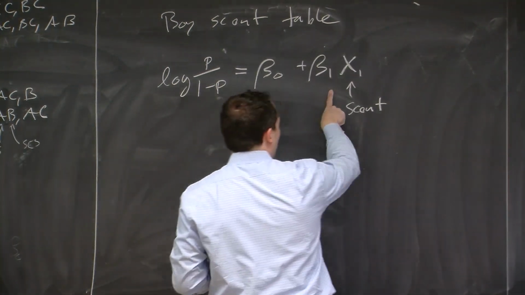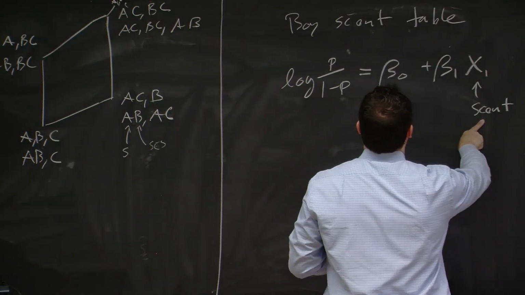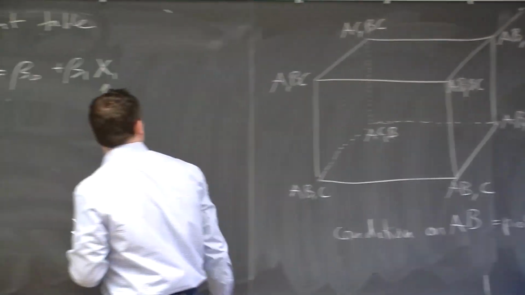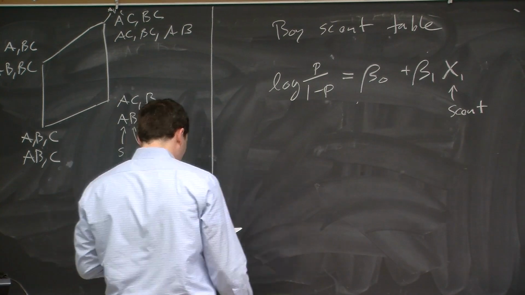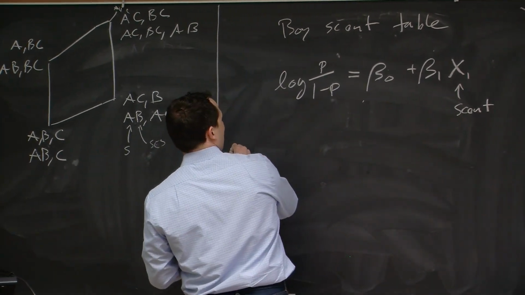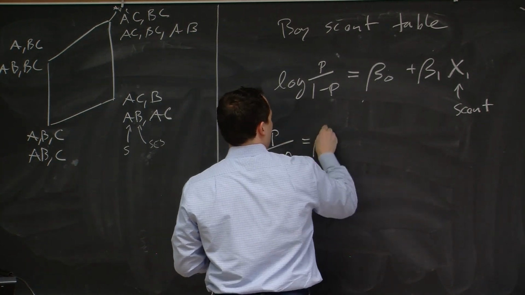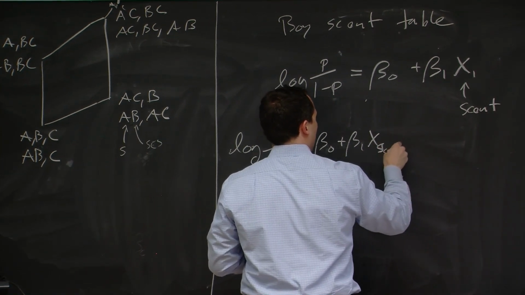Okay, so when we add another variable like this, scout, now we go up to a more complex model, like this one, depending on scout. Then we have to go to the next model, log P over 1 minus P equals beta naught plus beta 1 times scout.